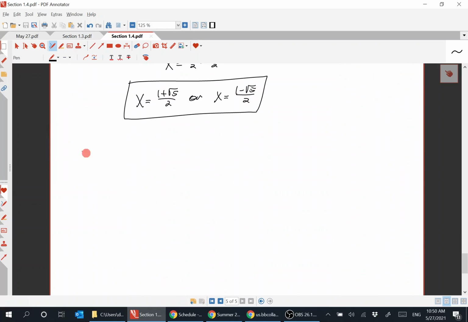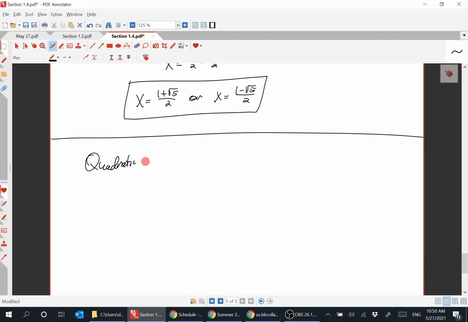So this completing the square method always works. The quadratic formula.